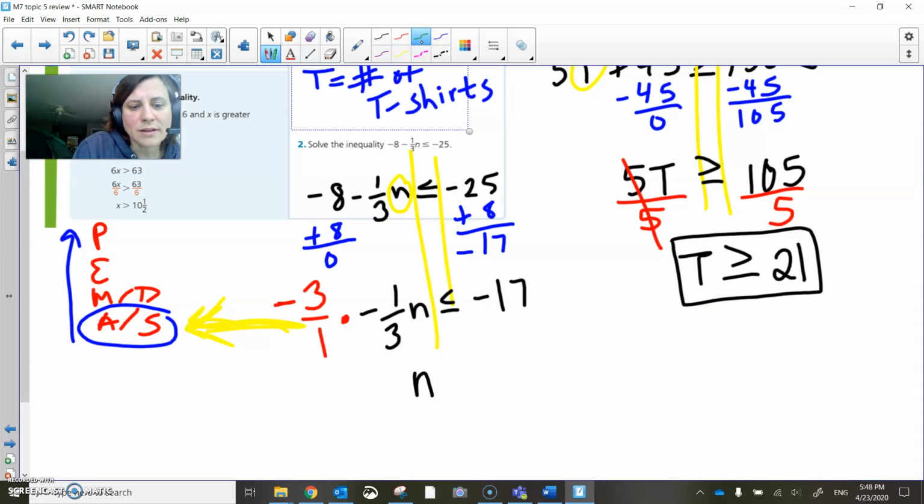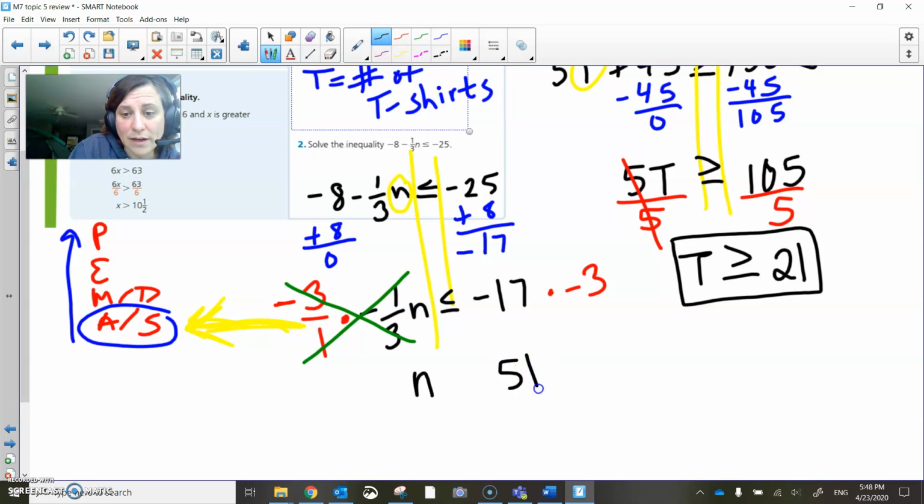So these guys cancel each other out and n is all by itself. But since we multiplied the left-hand side by -3, we have to multiply the right-hand side by -3 also. -17 times -3, a negative times a negative is a positive, happens to be positive 51.